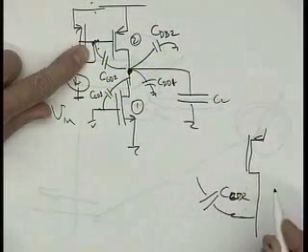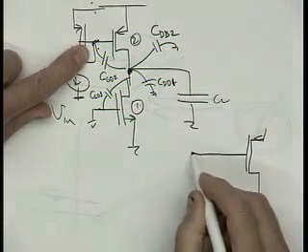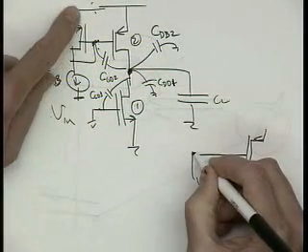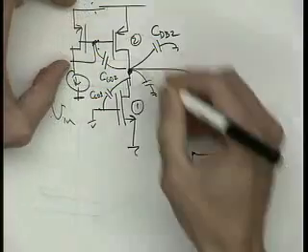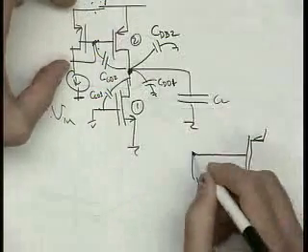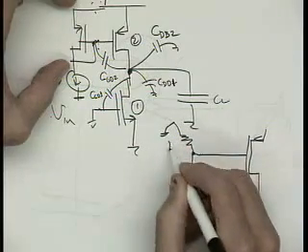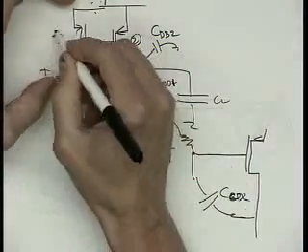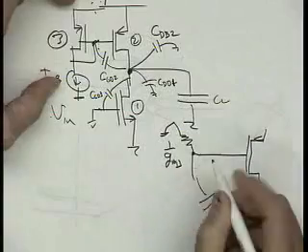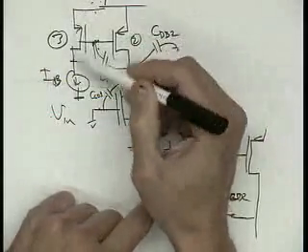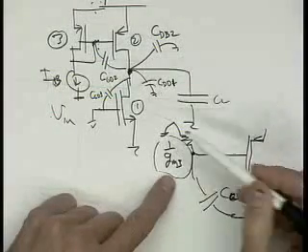This node here is a 1 over GM to ground, right? It's a diode connected transistor. This is diode ground. So this is supposed to be a 1 over GM, let's call this GM3. If this current in this bias leg is really small, what's going to happen?